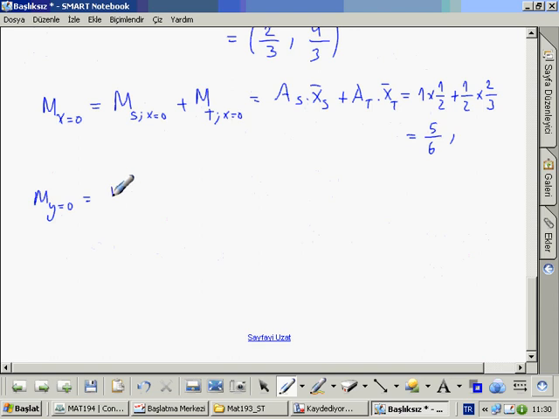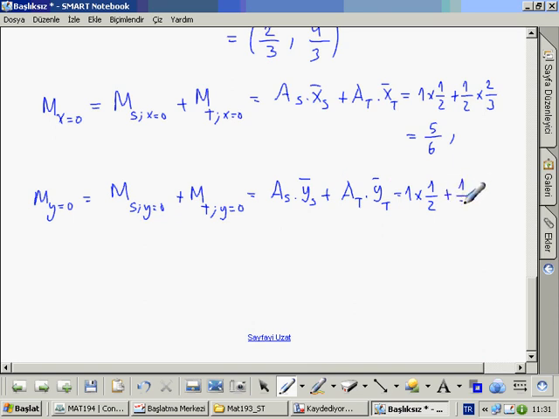And the moment about y equals 0 equals A_S times y_S bar plus A_T times y_T bar, so 1 times 1 over 2 plus 1 over 2 times 4 over 3, which equals 7 over 6.